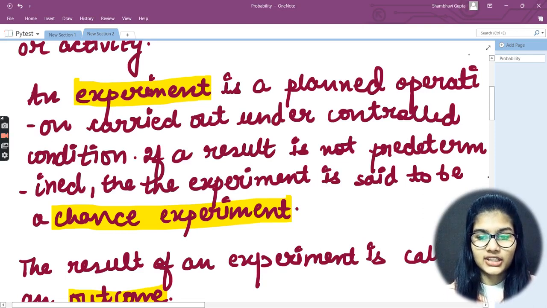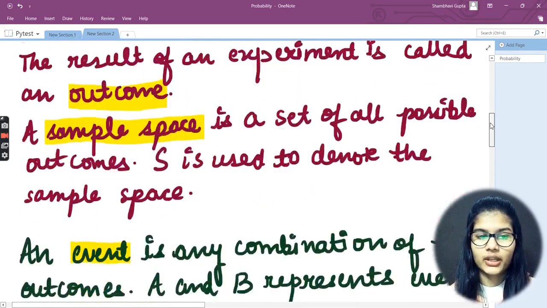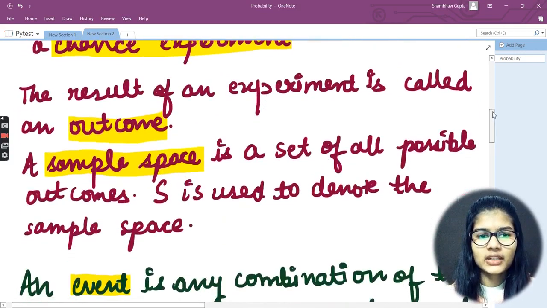If the result is not predetermined, then the experiment is said to be a chance experiment. What we mean by outcome is the result of an experiment. The result of an experiment is called an outcome.